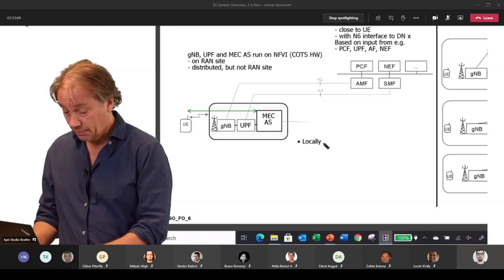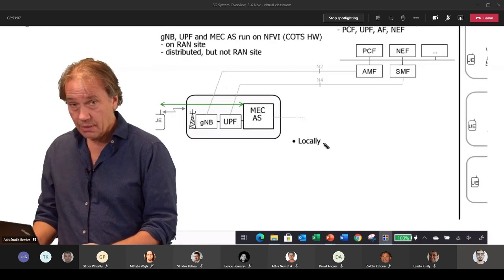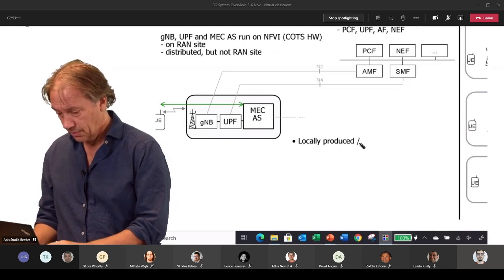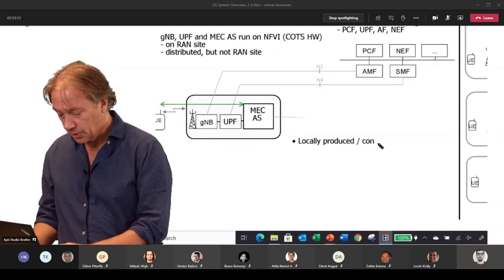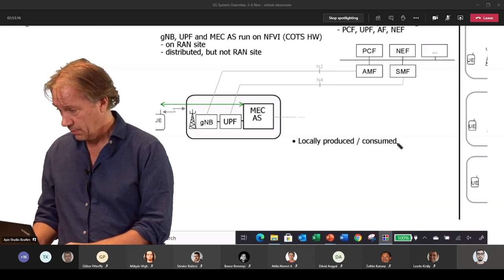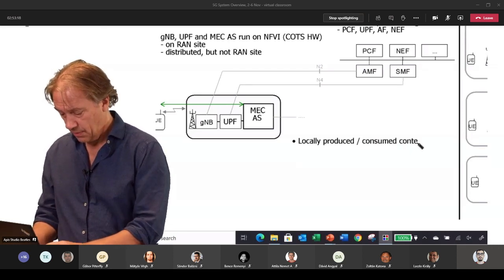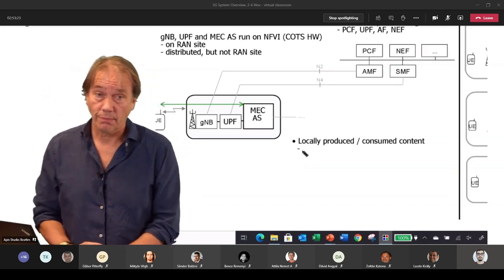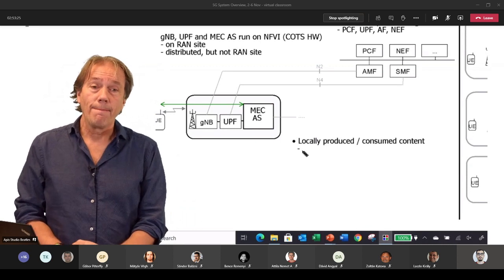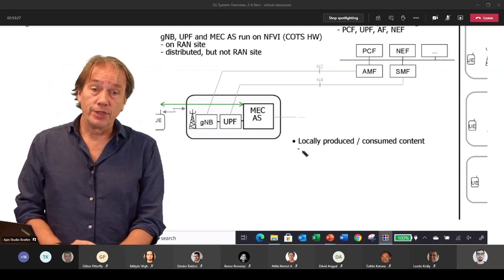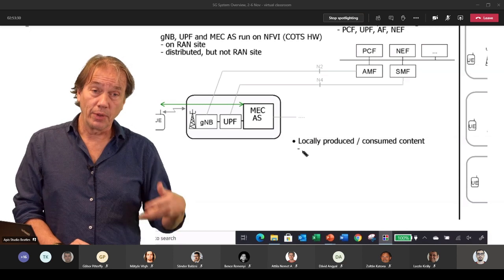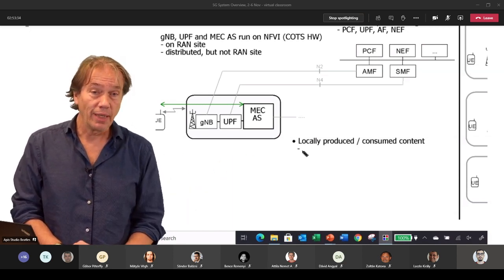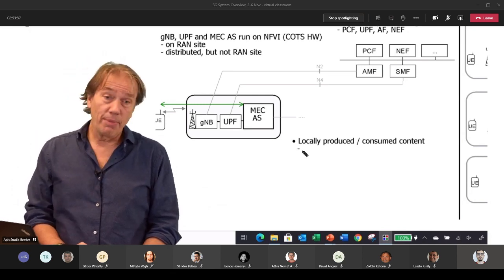So, locally produced or consumed content. I mean, if it's produced on the edge of the network, if it's consumed on the edge of the network, why not have the application on the edge of the network?